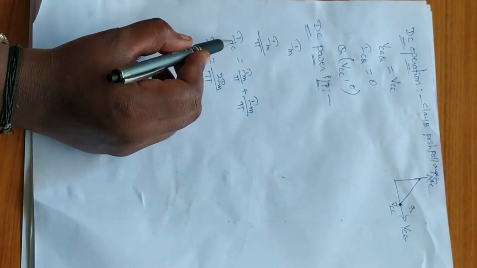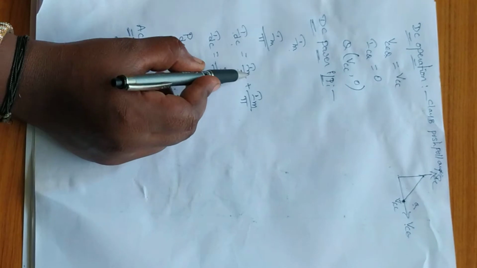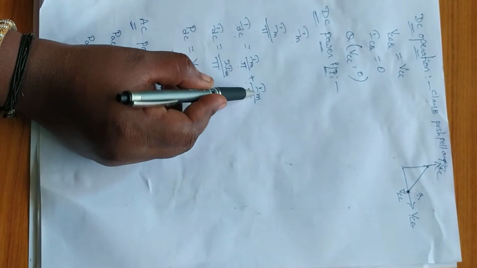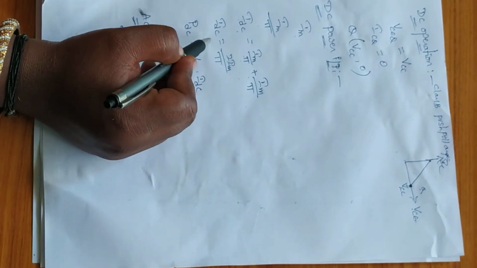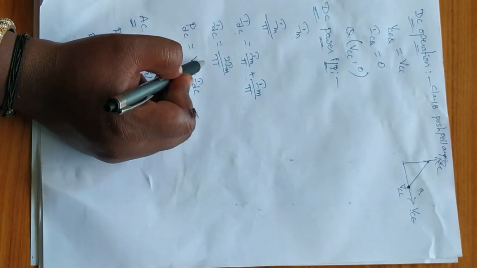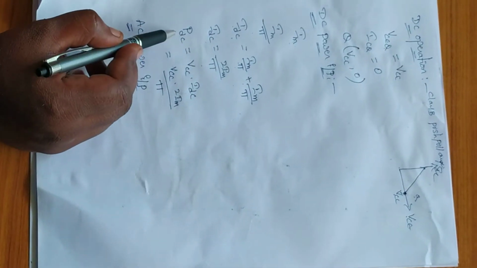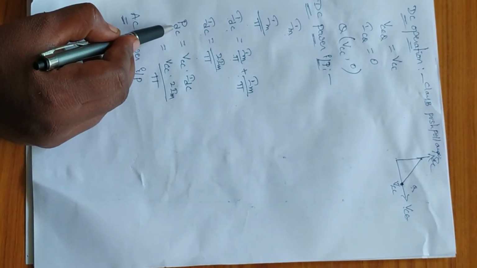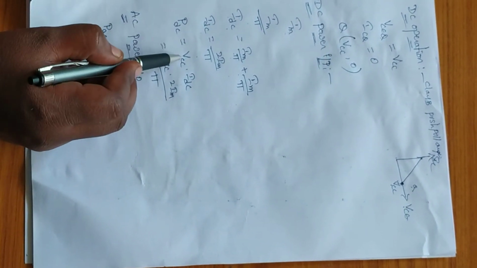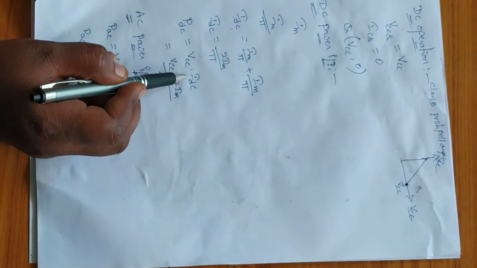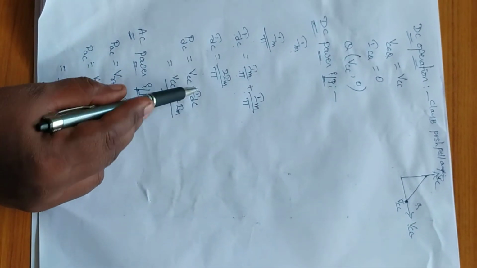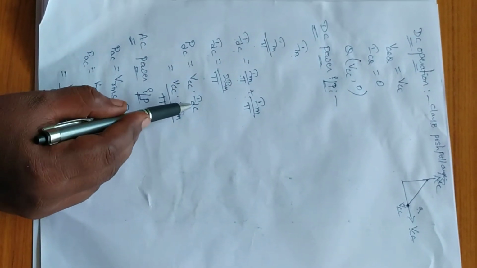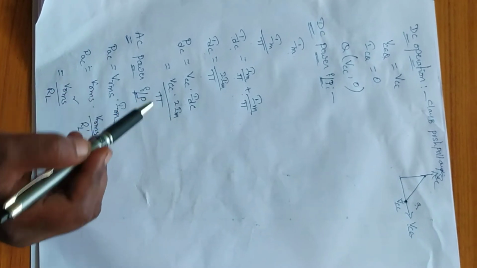So total IDC equals Im by pi plus Im by pi, IDC equals 2 Im by pi. We already know DC power input PDC equals VCC into IDC. So PDC equals VCC into 2 Im by pi.